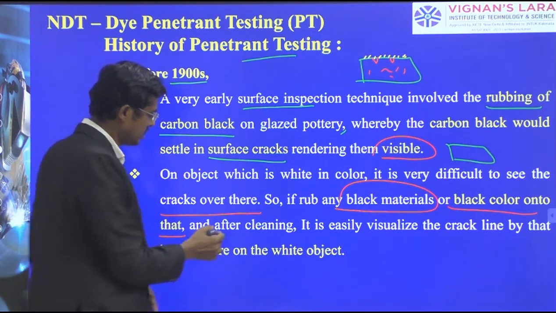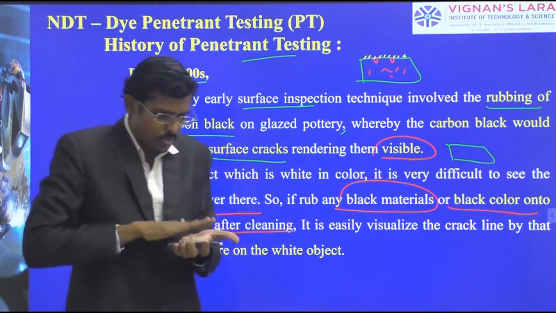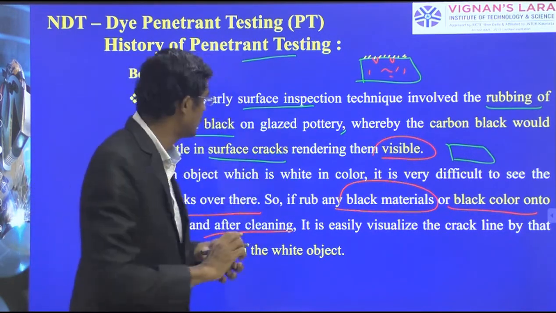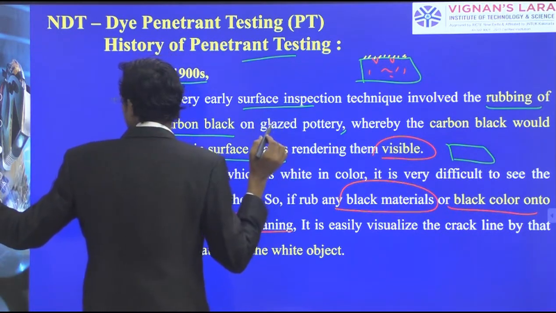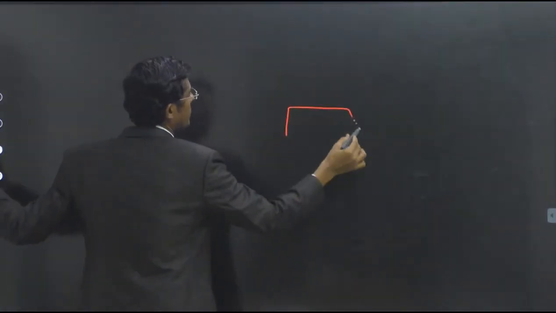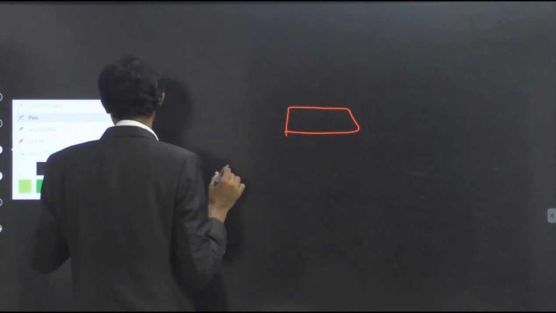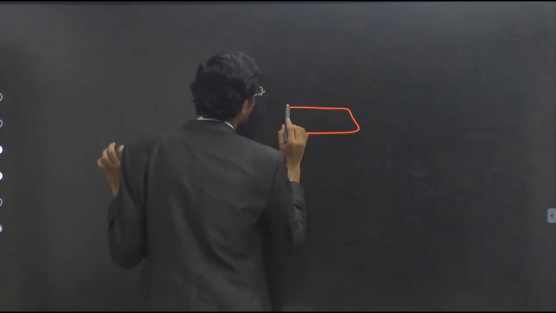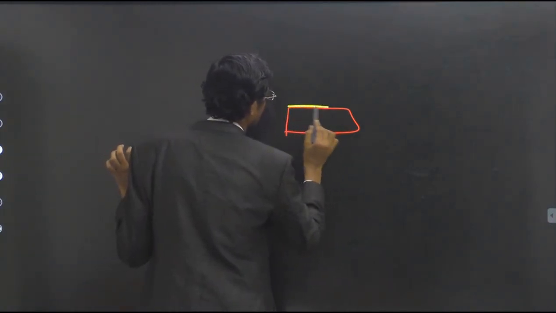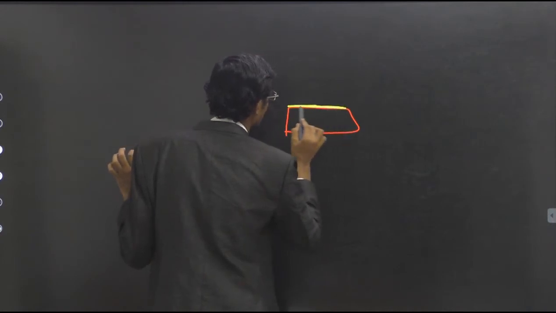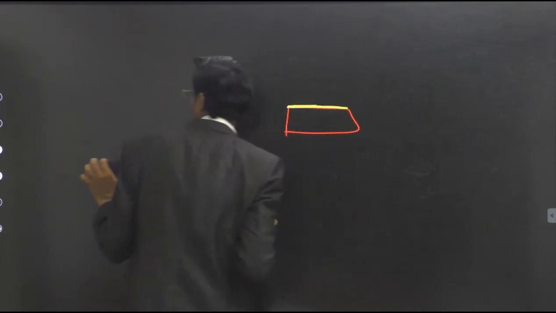And the black color will fix onto that. After cleaning, wherever the crack is not there, what I am doing here, I have taken a sample and I am rubbing maybe some other color over there, just like a chalk piece. What happens?